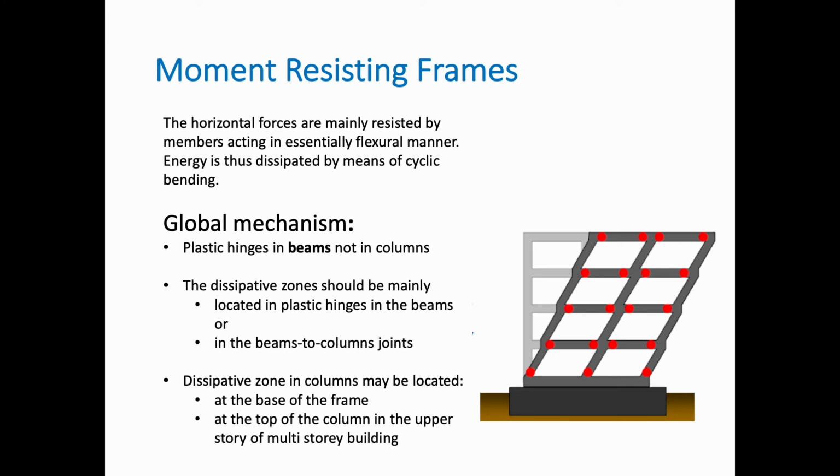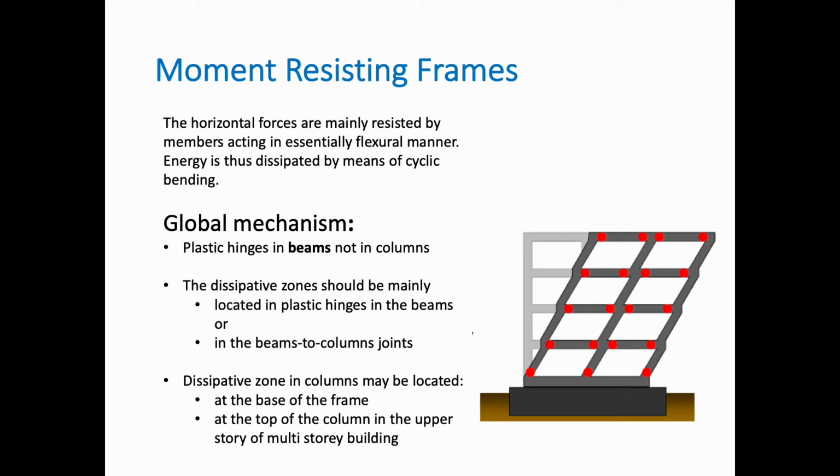Looking a bit more closely at the moment resisting frames, we know that the horizontal forces are mainly resisted by the members acting in a flexural manner, and that the energy is dissipated by means of cyclic bending. So the global mechanism is as we see in the picture. We have plastic hinges in beams and not in columns. We don't want them to be in columns.